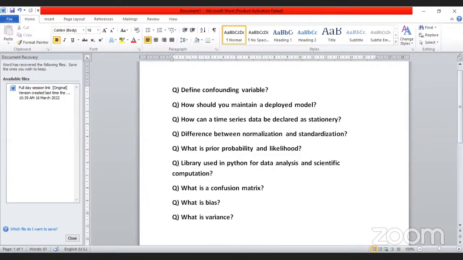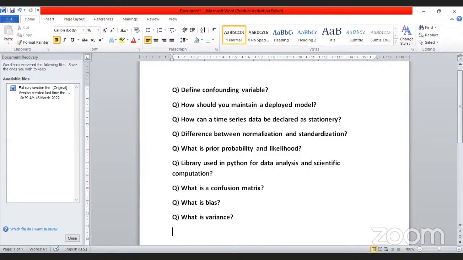In an easy way, we can consider variance as the overfitting scenario, and bias as the underfitting scenario. High bias means low train accuracy and low test accuracy. High variance means train accuracy is high but test accuracy is not that good.